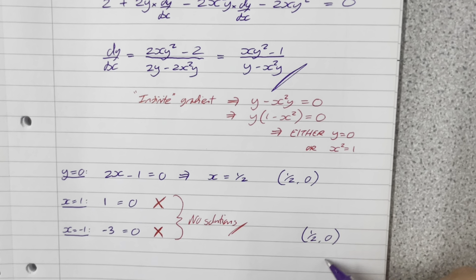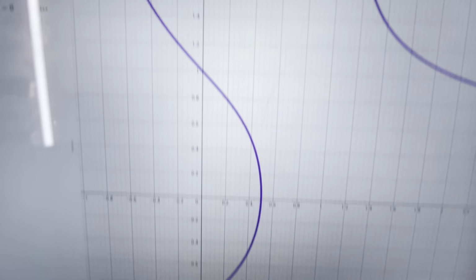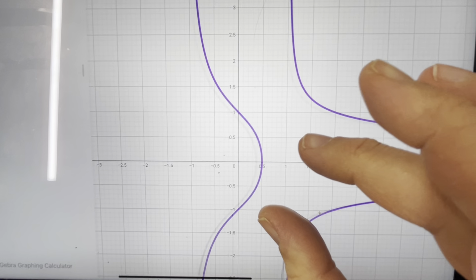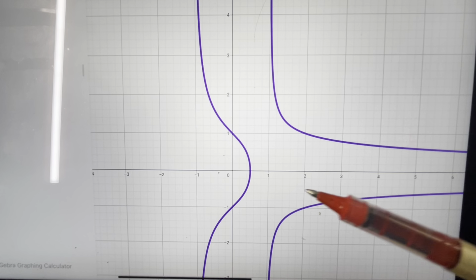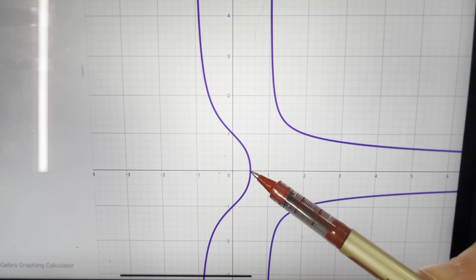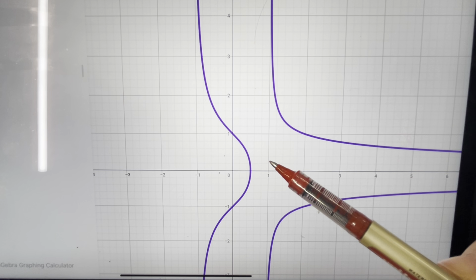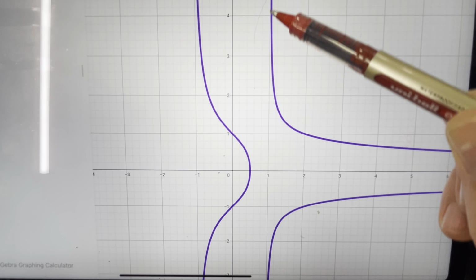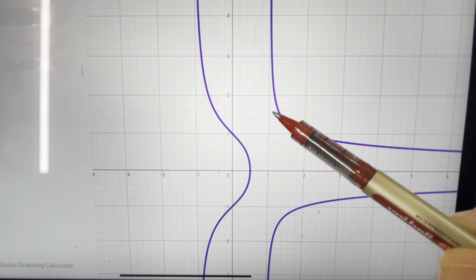That's the only point where the gradient is infinite. And if we look at the graph of this one, I'll zoom out a little bit. There we go. This was this curve, and we can see that indeed the gradient here is infinite. And what's happened at x is 1 is we have a vertical asymptote, so you can't evaluate the function at 1.